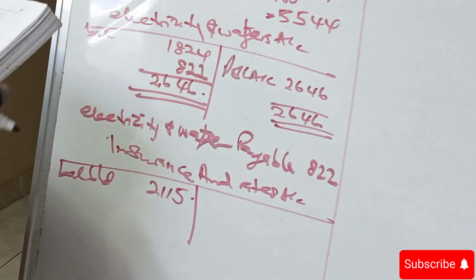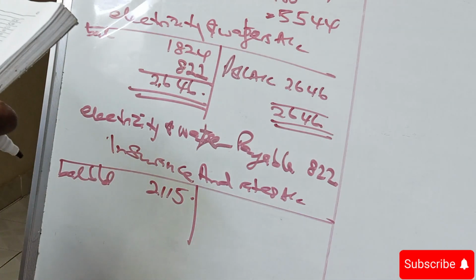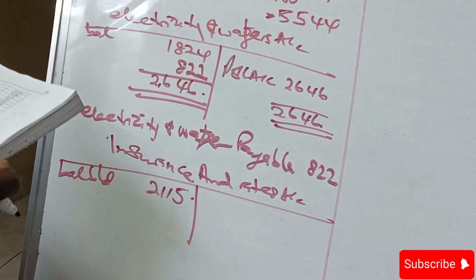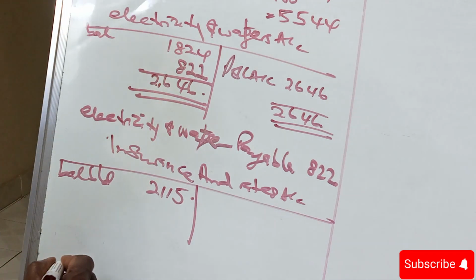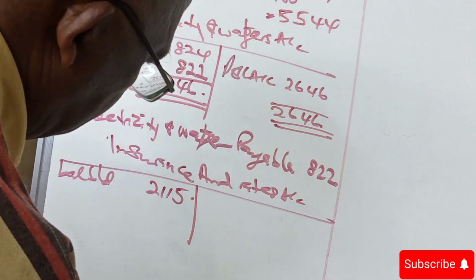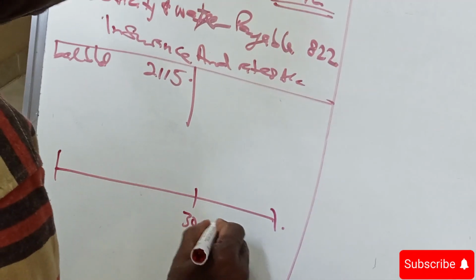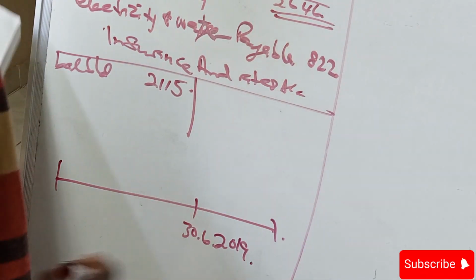Then you are told this amount includes an amount of 450 paid in June. Remember, our year ends on 30th of June 2019.